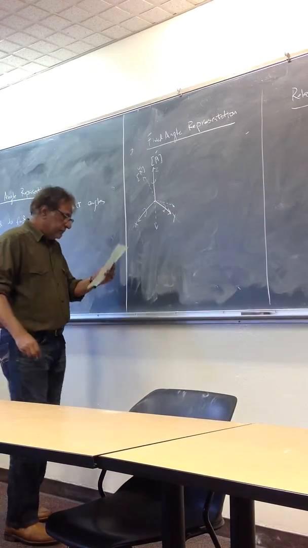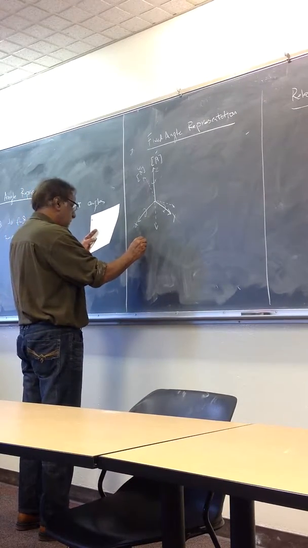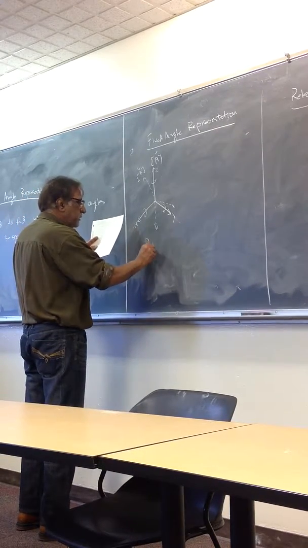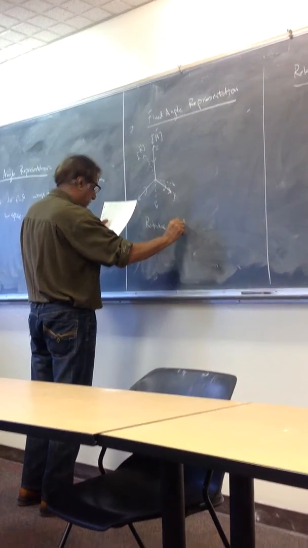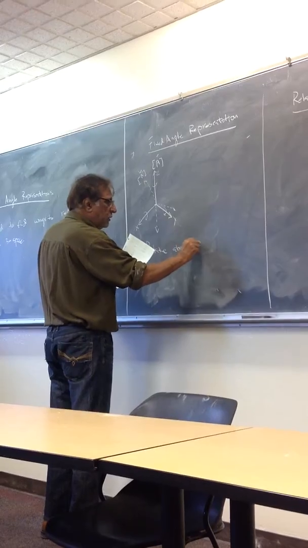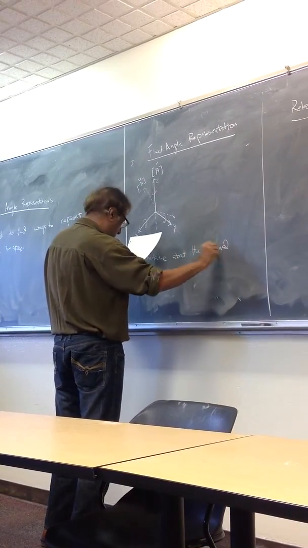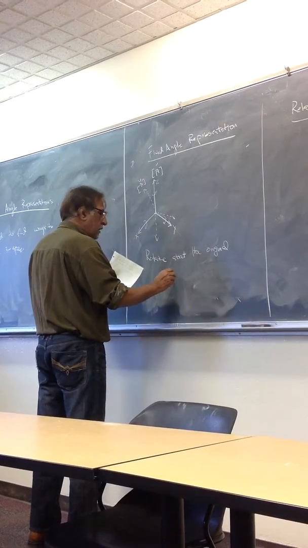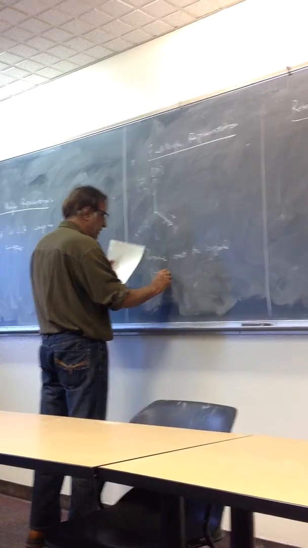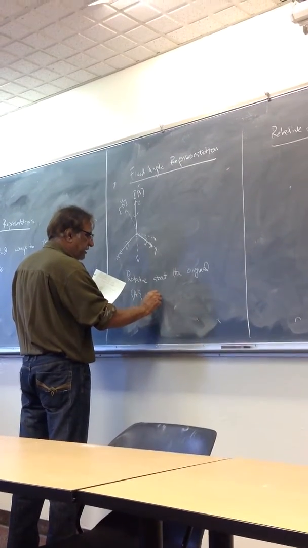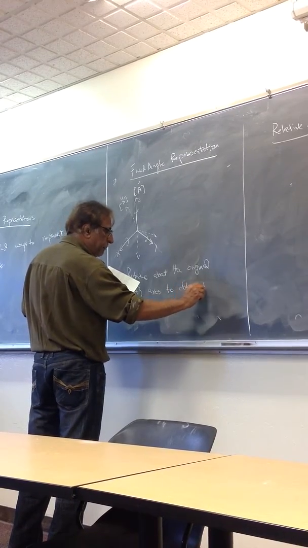So this is called rotating about the original A axis to obtain B.